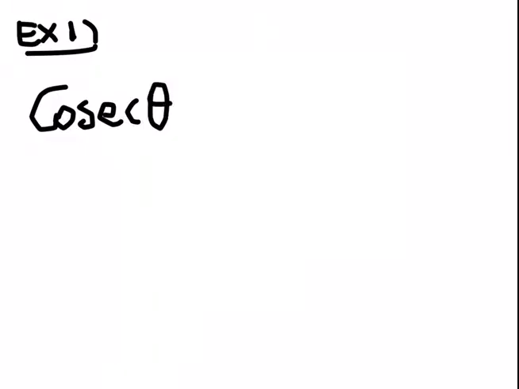It is example 17, where they say, without using a calculator, solve the equation. Now they want you to solve the equation, and the equation must have an equal sign. So we have cosec of an angle equals square root of 2.